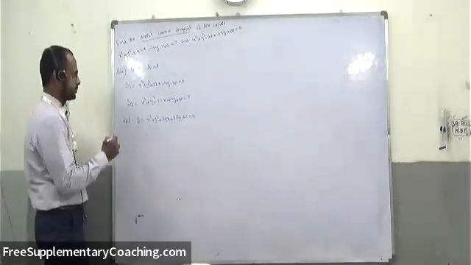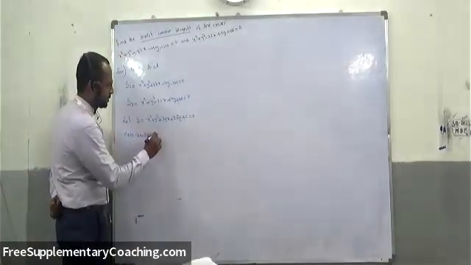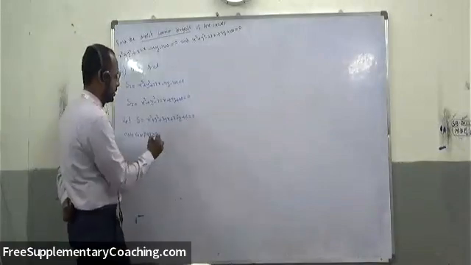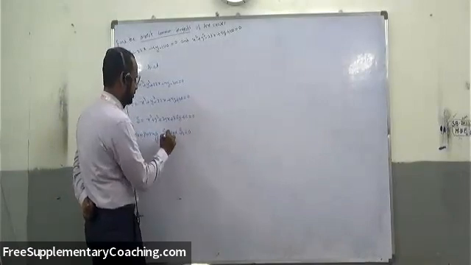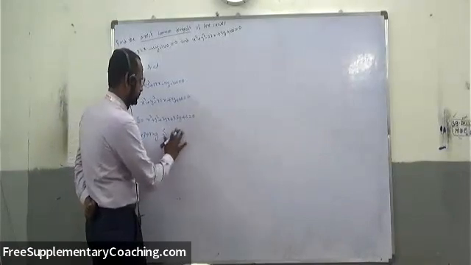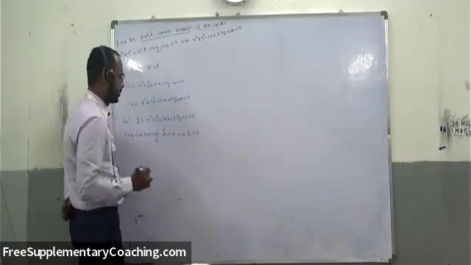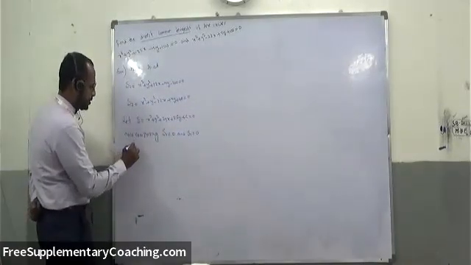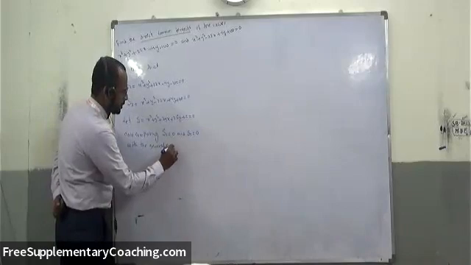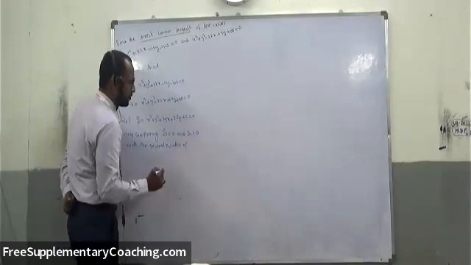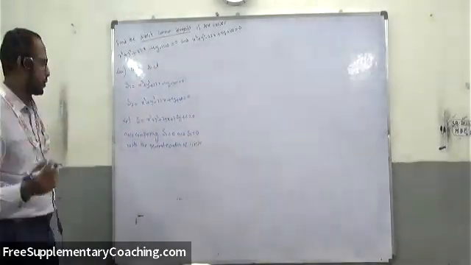Now, comparing S1 and S2, you can write S1 is equal to 0 and S2 is equal to 0 with the general equation of circles.